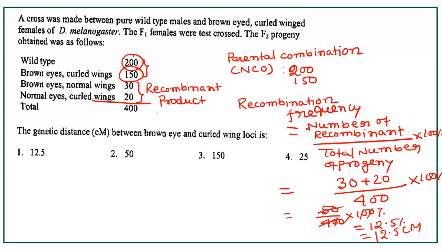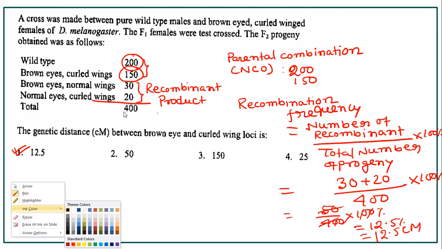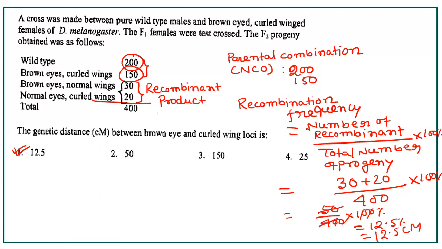So in that way you can solve. The answer is 12.5. What you actually have to do is find the parental combination, which has the maximum number. Then find the recombinants, which are the lowest numbers: these two, 30 and 20.